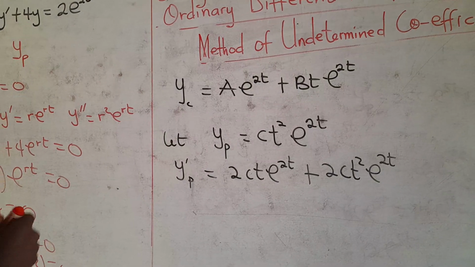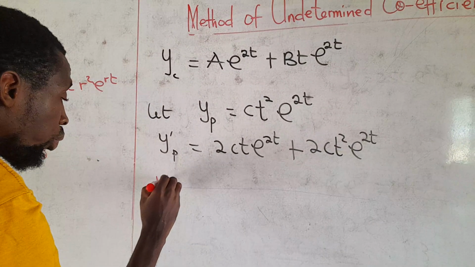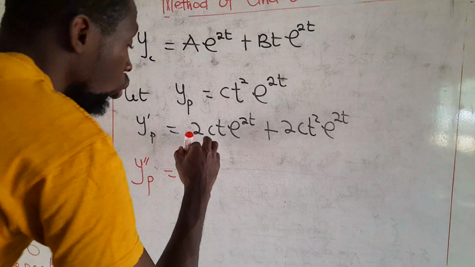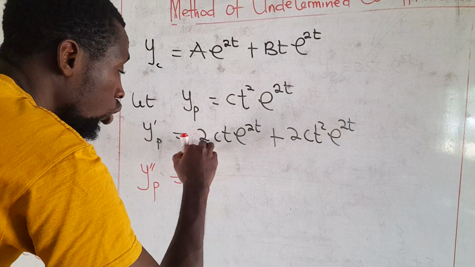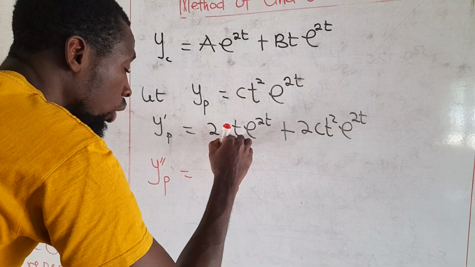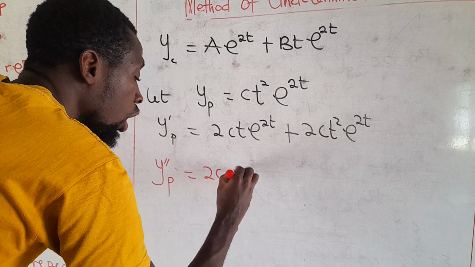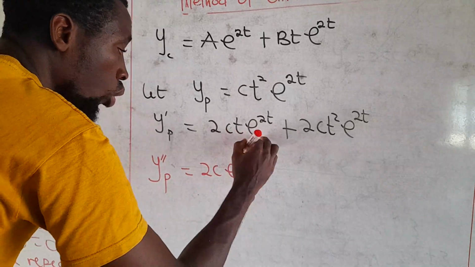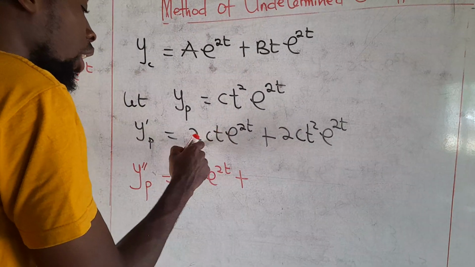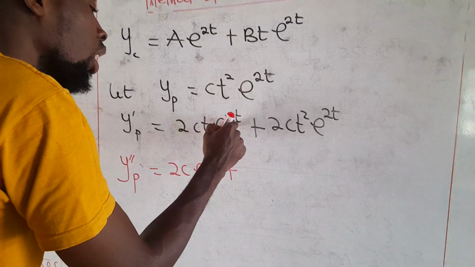Now we find our y double prime of p. We keep the 2ct here, or we differentiate 2ct first, we get 2c e exponent 2t. This is also product rule, remember that. Then plus, now I'll keep my 2ct and differentiate e exponent 2t.